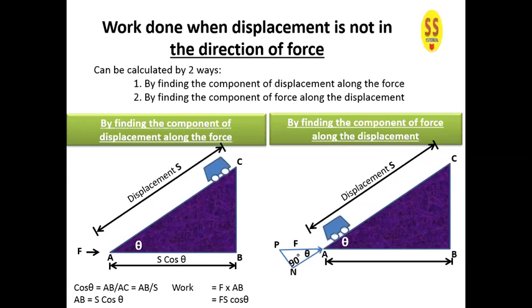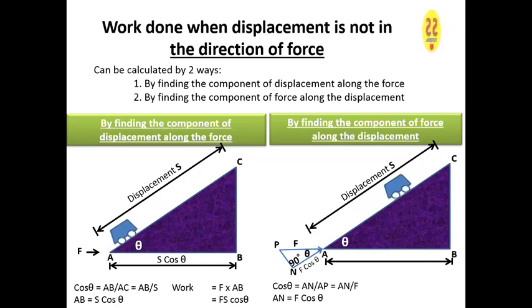To calculate AN, we consider the triangle PNA. In triangle PNA, angle PNA is 90 degrees and angle PAN is theta. So cos theta is equal to AN by AP. So we can write AN by F, because AP is equal to F, the force applied. So AN is equal to F cos theta.